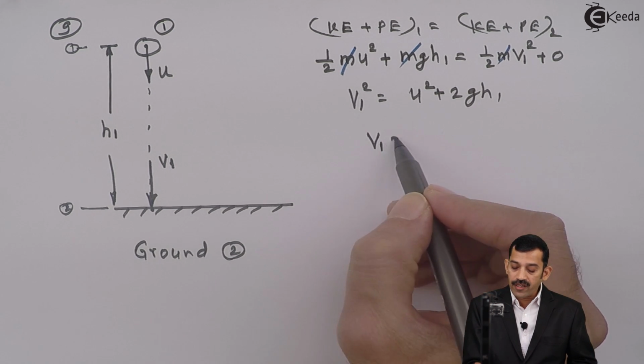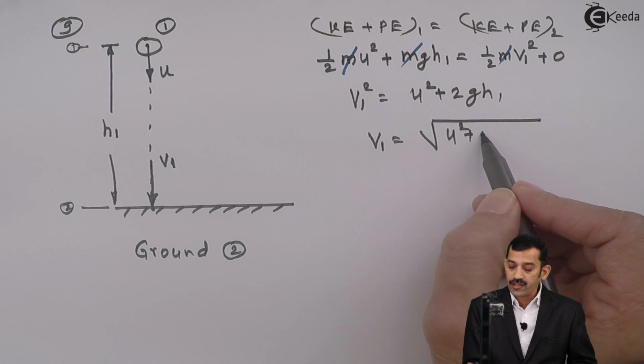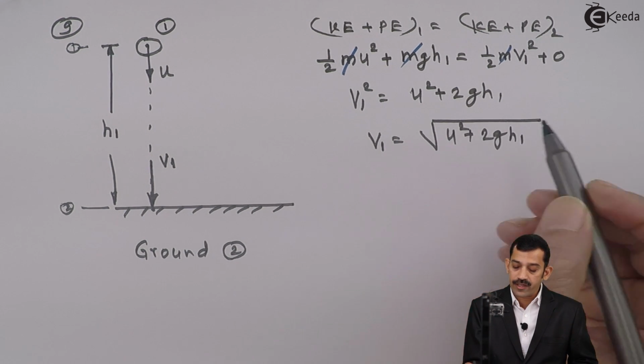That means v1 is the square root of u square plus 2gh1.